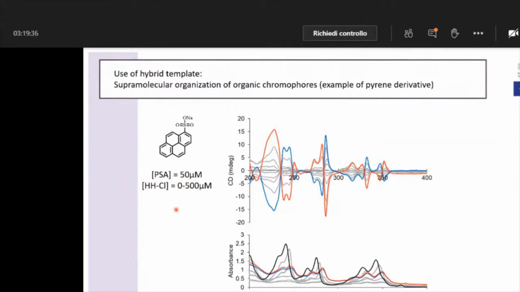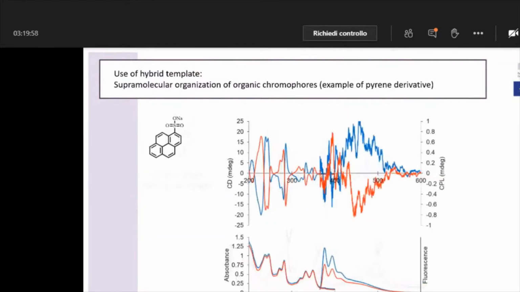If you increase the concentration of the helices, the absorption decreases, then increases, and at the same time you have appearance of chiral properties. This is because of the conformational change when the pyrene inserts in the hybrid.